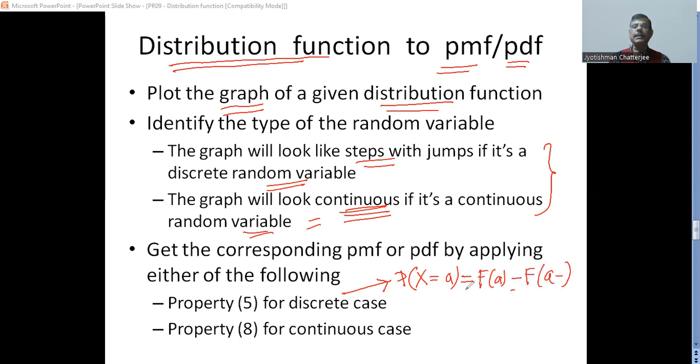This is property 5. And when it is a continuous case, we will apply property 8, that is, f(x) equals d/dx of capital F(x). So first, identify the type, and then depending on that, apply either property 5 or property 8 of the distribution functions.